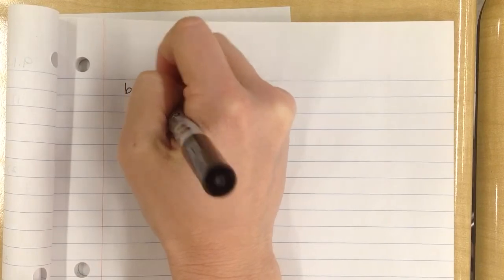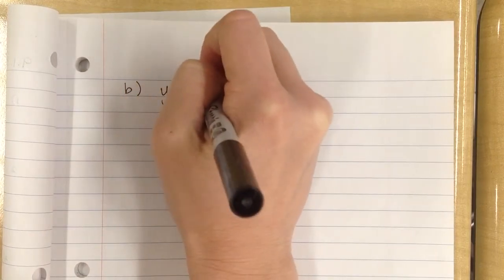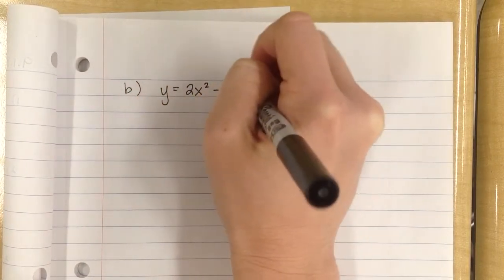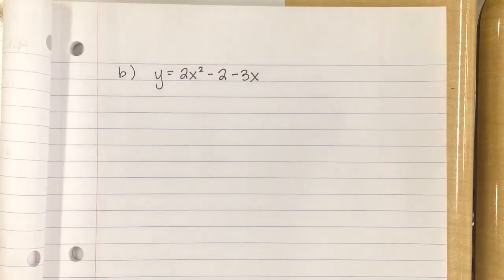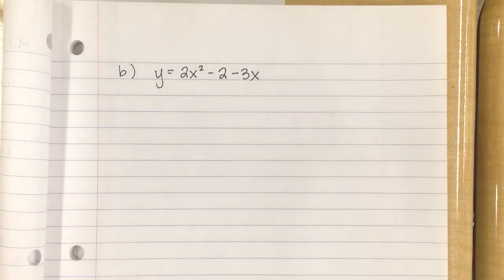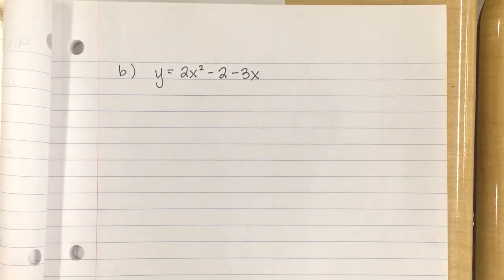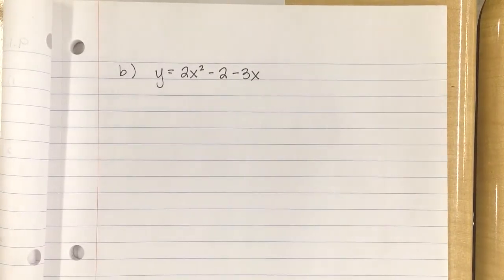Part B gives us the new equation of y equals 2x squared minus 2 minus 3x. The very first thing I'm going to do is rewrite this into standard form. Currently it is not in standard form, and that is what this question is trying to trick me into doing.